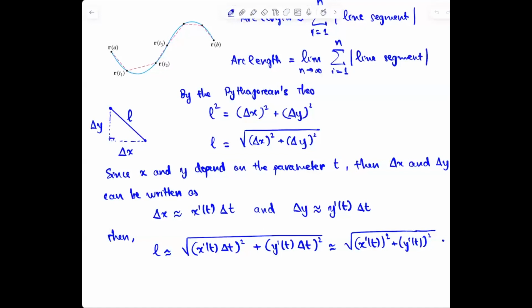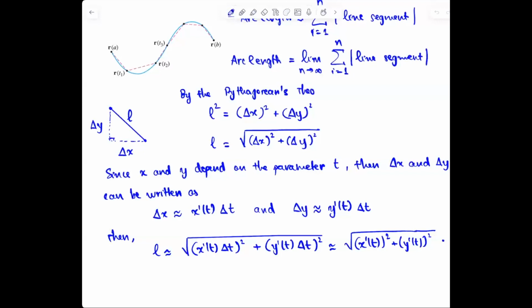We make those substitutions into the equation for L. So L is now approximated by the square root of x prime squared plus y prime squared, all multiplied with delta t.